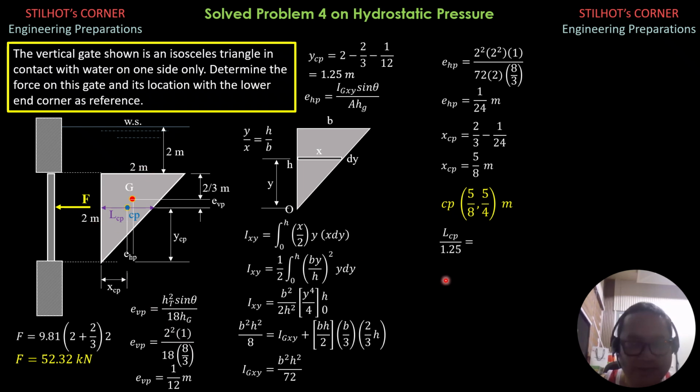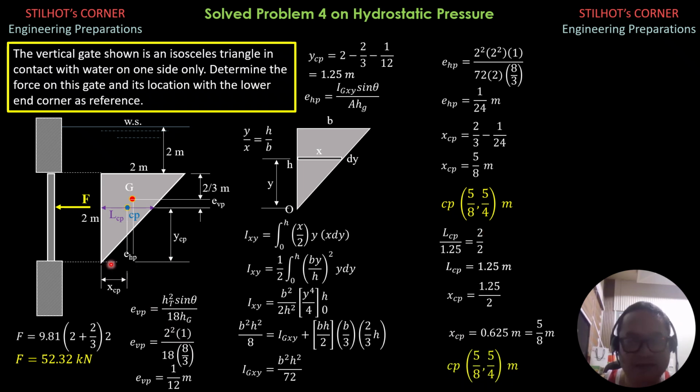So L sub CP is 1.25, and therefore x sub CP is half of that. X sub CP is 1.25 over 2, or 5/4 over 2, or 5/8. So that's why the center of pressure by the easier approach is at 5/8 comma 5/4 with reference here. So that's it for this video.